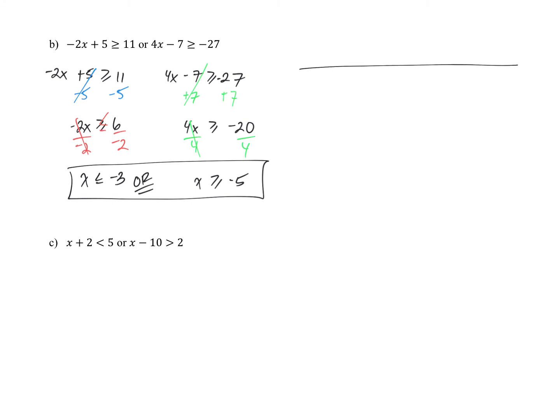Graphing this, it's an or statement, so we're going to combine our answers at the end. We have a -5, a -3, and a 0. Graphing the -3, we want x less than or equal to it. And then graphing the -5, x is greater than or equal to -5.